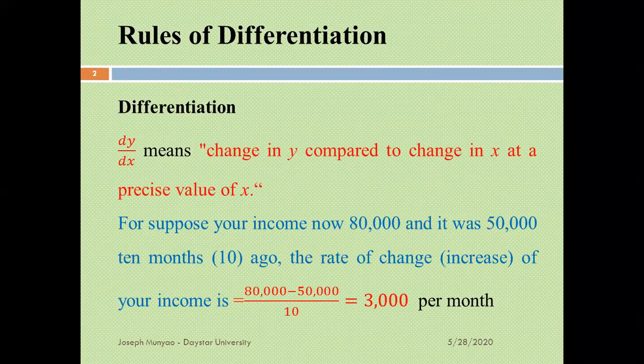I begin by noting that differentiation is basically the rate of change of one variable compared to another. So when I talk about dy dx, I mean the rate of change of y compared to x at any given point. Suppose your income was 50,000 10 months ago.